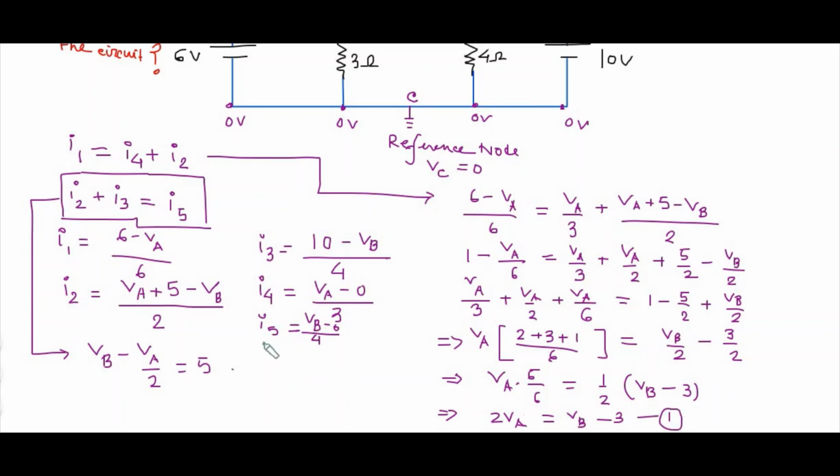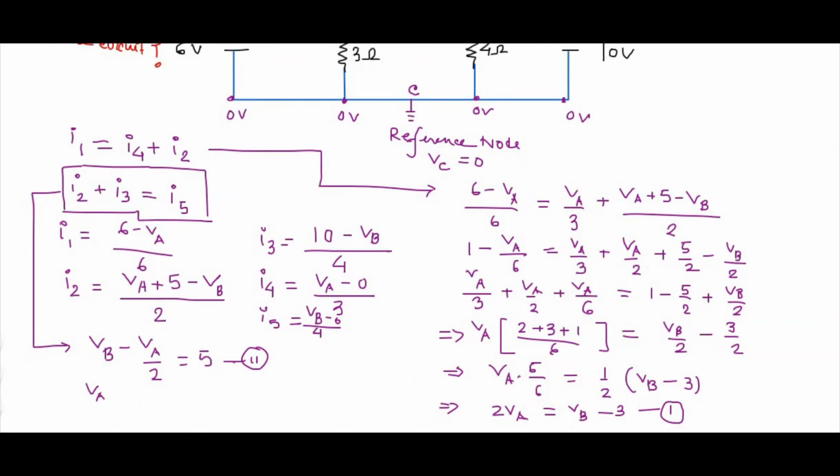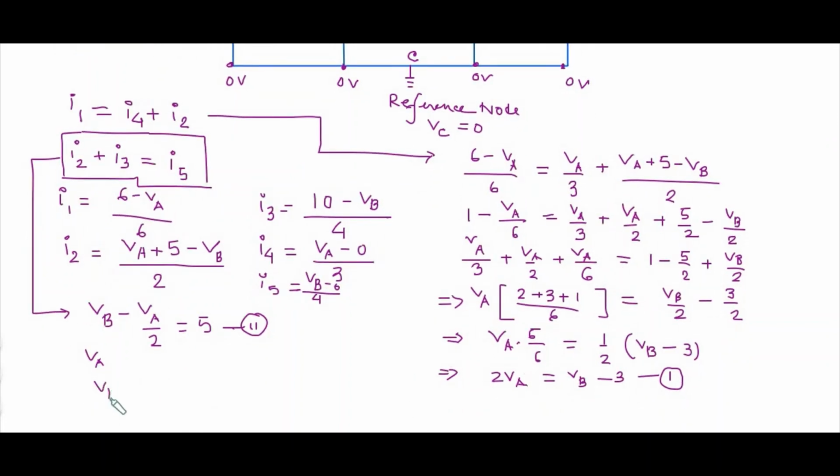This is equation number 1 and this is equation number 2. If you solve these equations, you'll get the values of VA and VB. After solving for VA and VB, if you plug them into the expressions for I1, I2, I3 and so on, it will give the values of all the currents passing through all the branches.